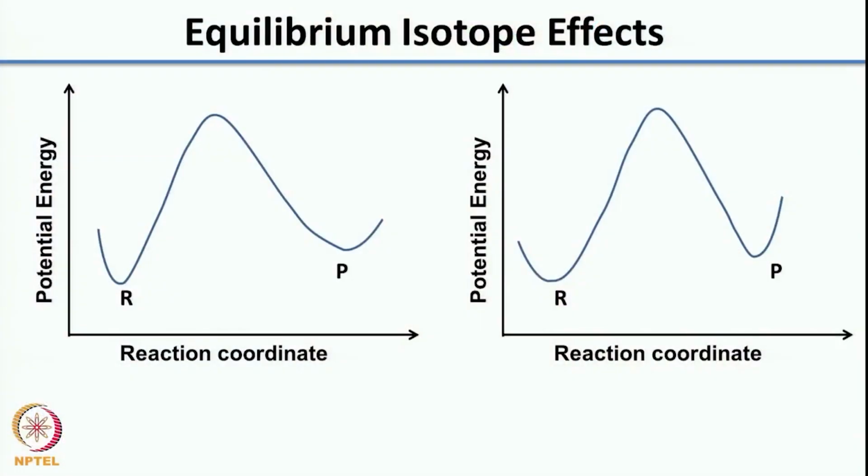So remember we had looked at kinetic and thermodynamic control. We looked at kinetic isotope effects. There are also what are called equilibrium isotope effects. So, in equilibrium isotope effects there can be two scenarios. One scenario would be where you have a large difference between CD and CH in the reactant and a small difference between CD and CH in the product.